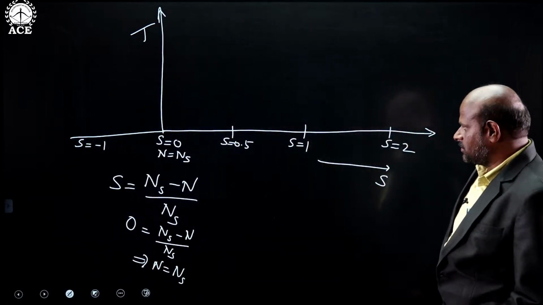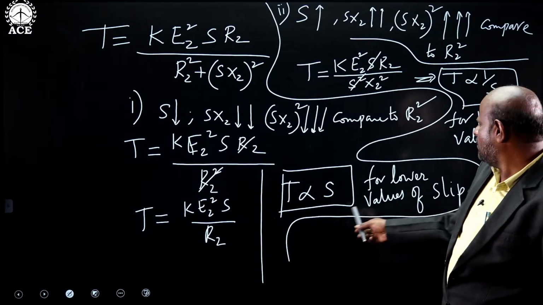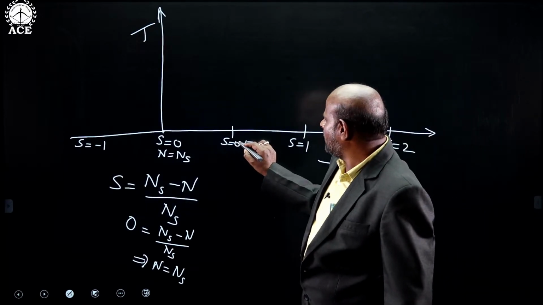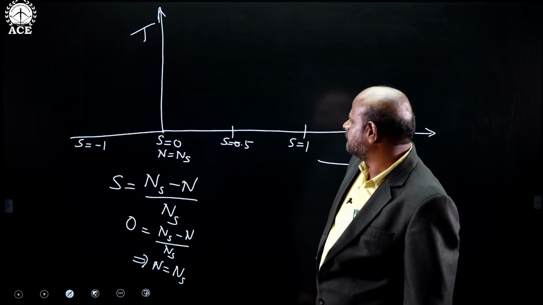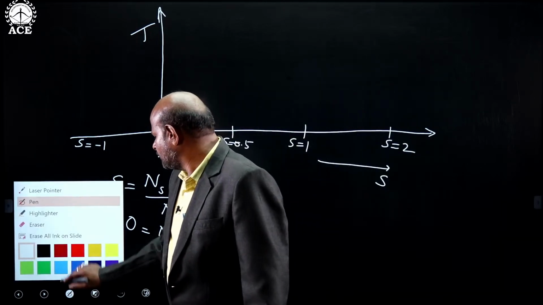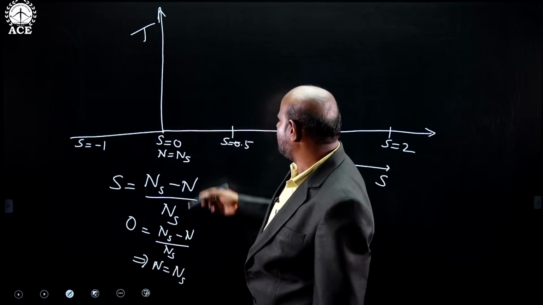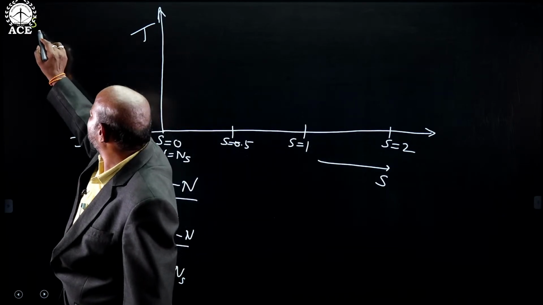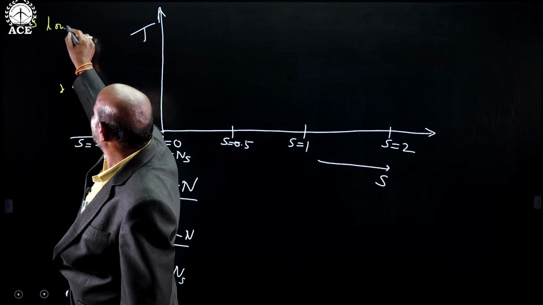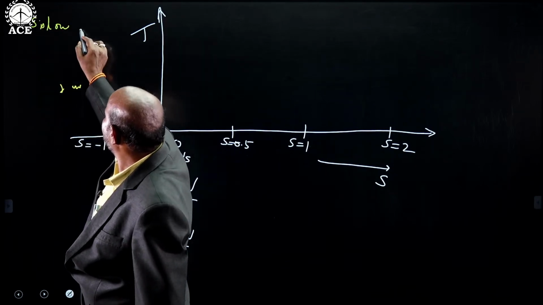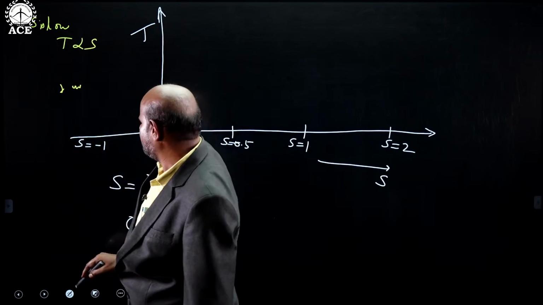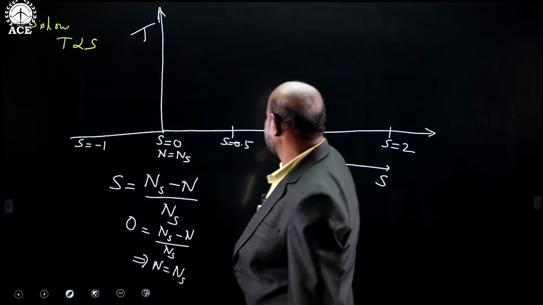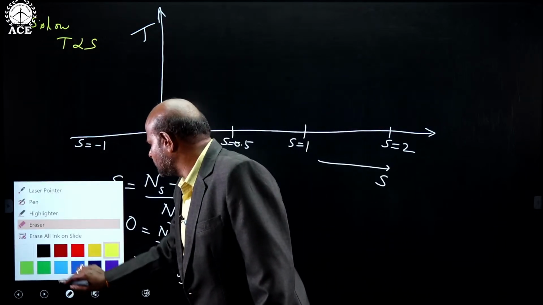According to the first case, for lower values of slip, torque is directly proportional to s. Lower values means 0 to 0.5. So if s is low, torque is directly proportional to slip. How to draw the characteristics?